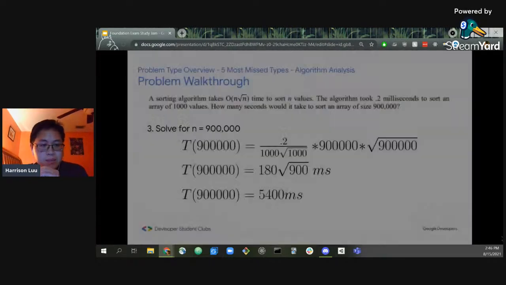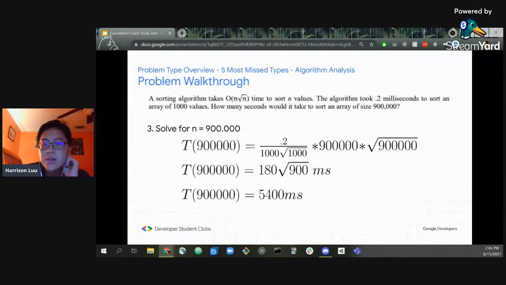Next slide, please. Okay, so like the first equation, it's T of n equals c times n times the square root of n. Except this time, instead of substituting 1000 in, you substitute 900,000, because that's the size of the array you're solving for, and in this case, that would be your n.